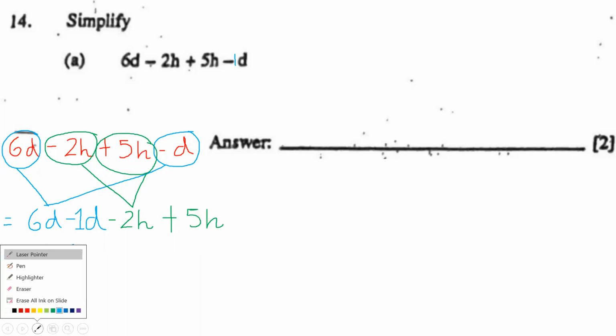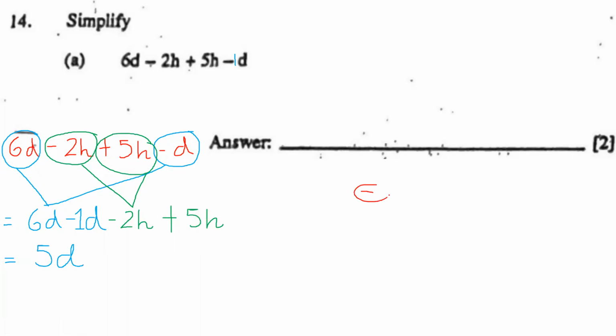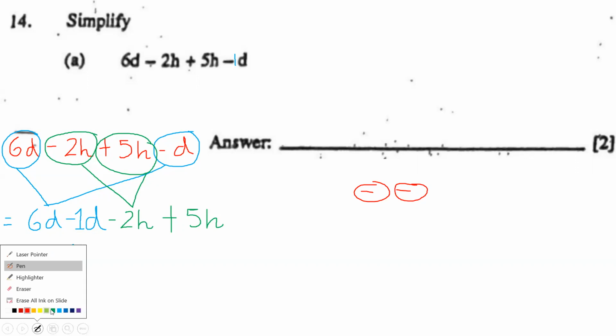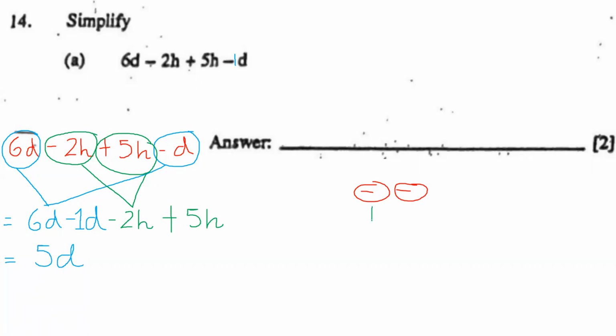Or you can look at it in terms of circles. So you know that you have 2 negatives. How many positives do you have? You have 5 positives. So it's going to be 1, 2, 3, 4, excuse me, and 5.